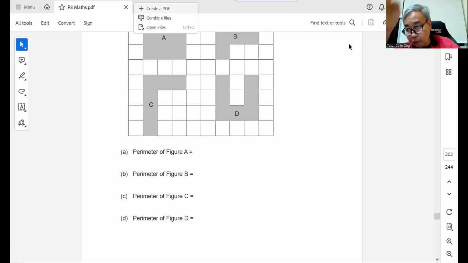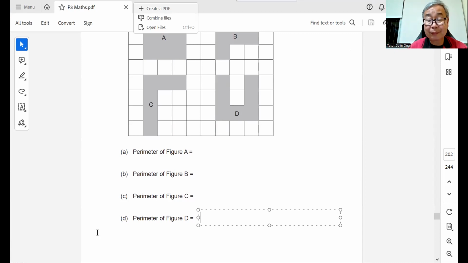So it moves from the right, from the top. So let me try. Okay. 1 plus 2 plus 1 plus 2 plus 1 plus 3 plus 3 plus 3.